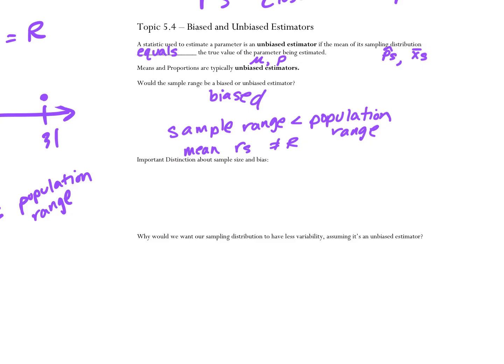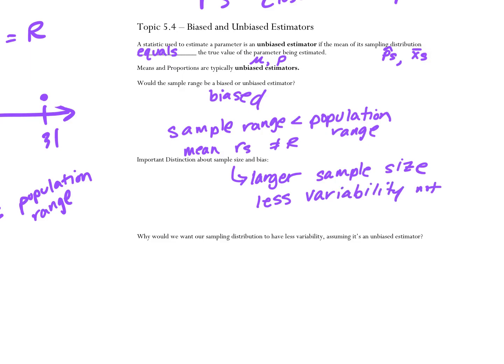All right, so a larger sample size is less variability, not less bias. To reiterate one more time, why would we want less variability?